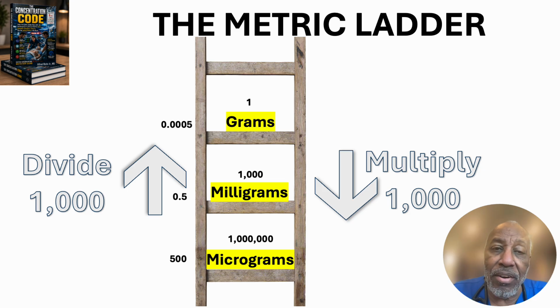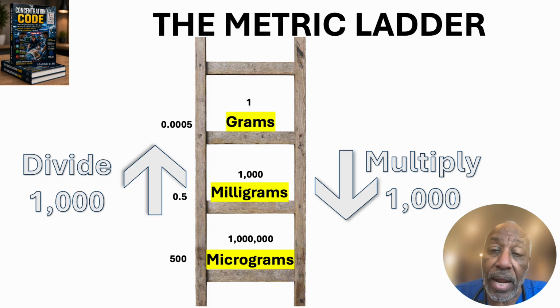The metric ladder is a one-time visual that replaces memorization forever. It is simply the most useful mental model in clinical pharmacology, and it takes about 2 minutes to learn. Once you have it, you never need to memorize a conversion rule again. The ladder does the work for you.